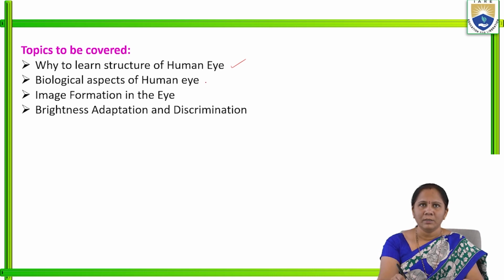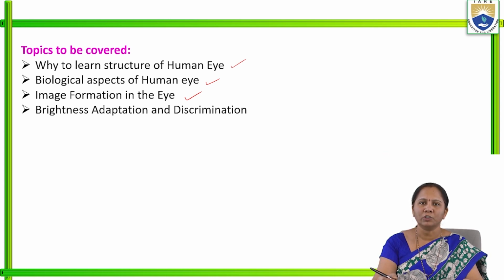Next, the biological aspects of the human eye, that means what the different internal and external parts of the human eye are and what their functions are. And next, image formation in the eye.